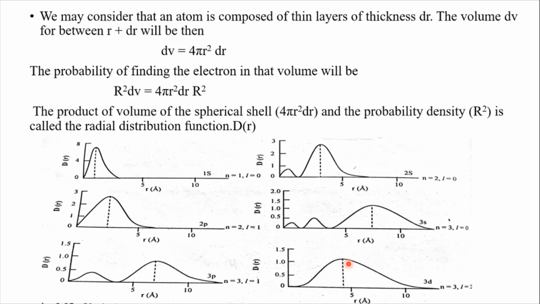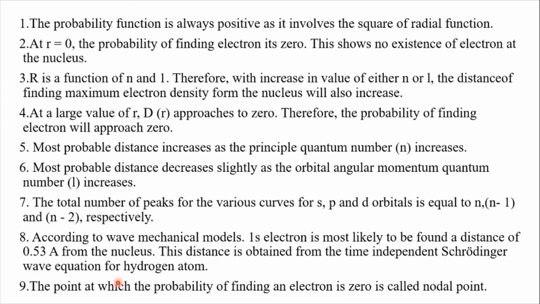So see student, according to the wave mechanical model, the 1s electron is most likely to be found at a distance of 0.53 angstrom from the nucleus. The last point is that the points at which the probability of finding the electron is 0 are called nodal points. Is it okay? These are the observations.